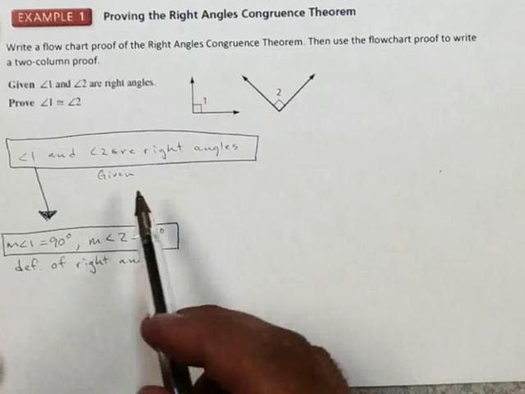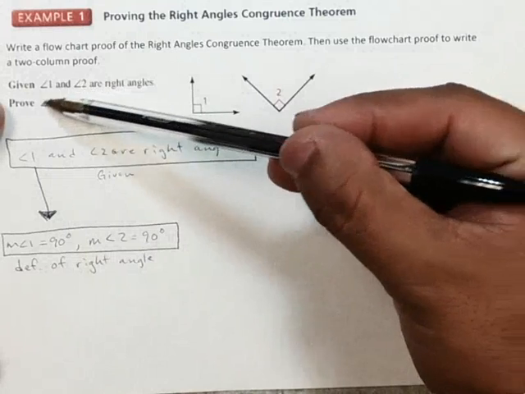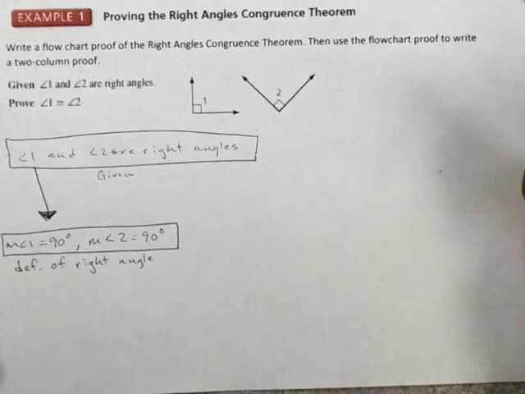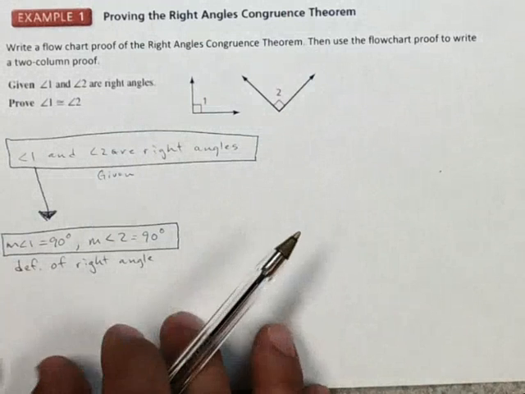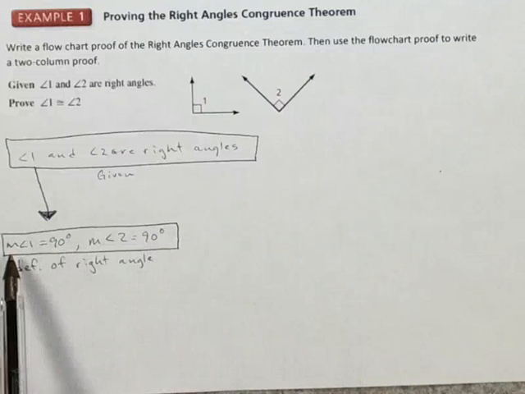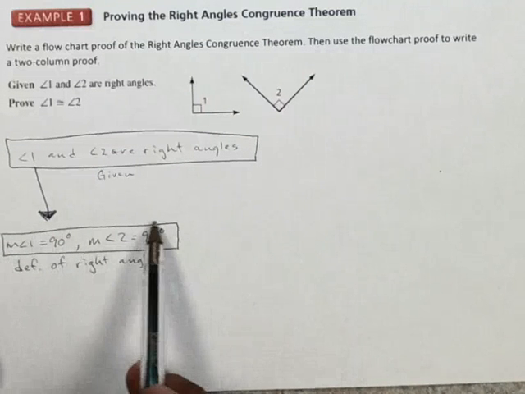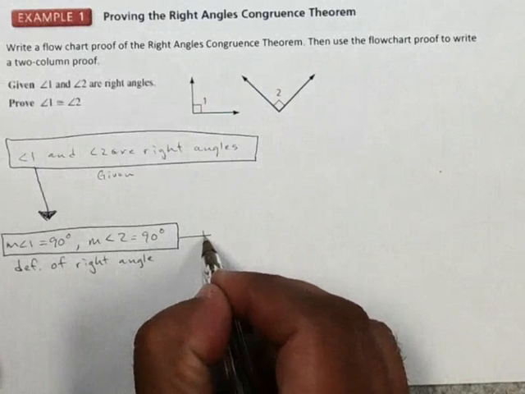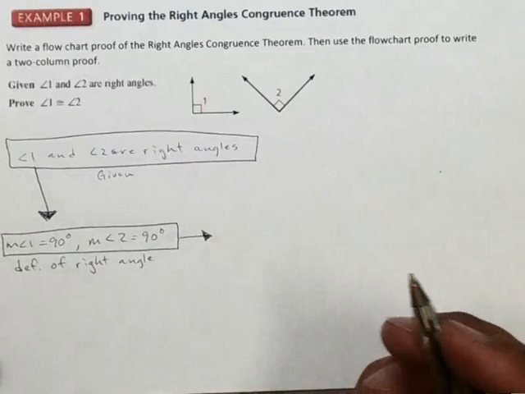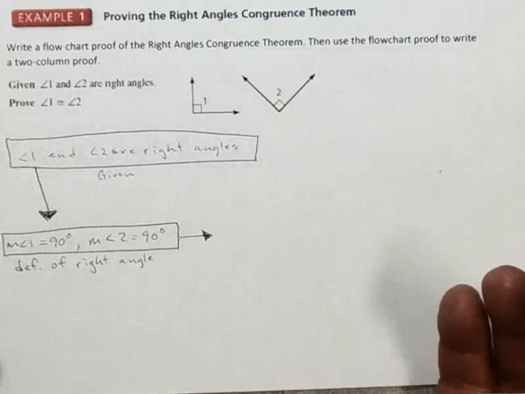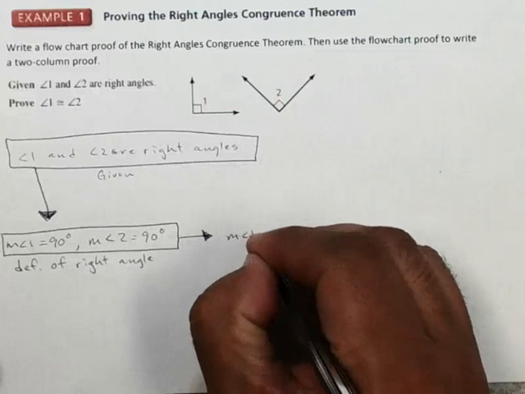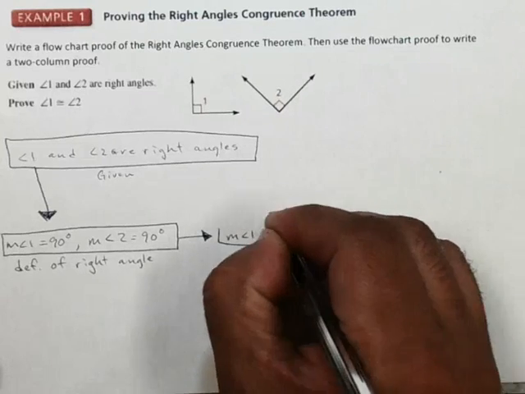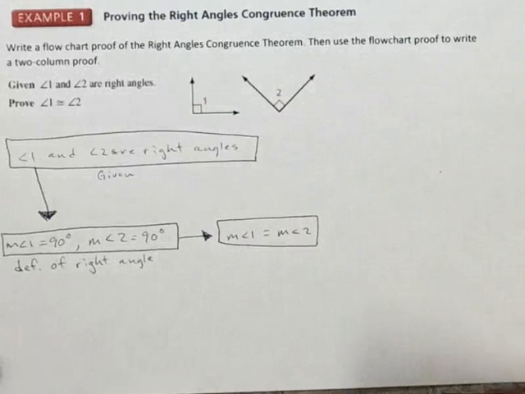Our end result, the conclusion we want to reach, is that angle 1 must be congruent to angle 2. Now, if I know that angle 1 is 90 degrees and angle 2 is 90 degrees, the next logical thing to say is that if they're both 90 degrees, the measure of angle 1 has to equal the measure of angle 2, because they're both 90.